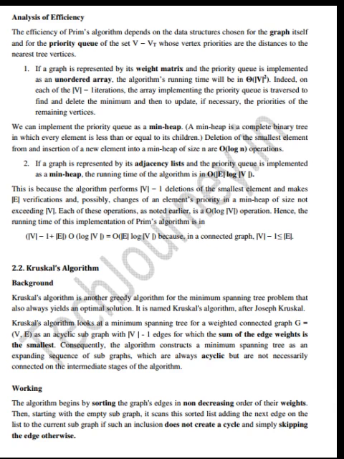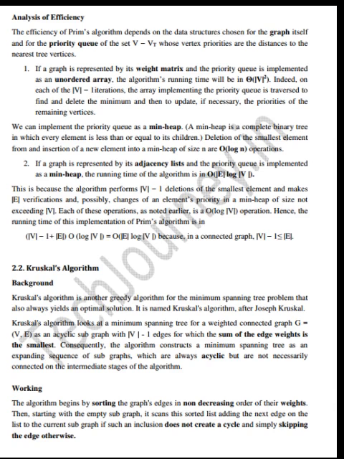Second, if a graph is represented by its adjacency lists and the priority queue is implemented as a min heap, the running time of the algorithm is in O of |E| log |V|. This is because the algorithm performs |E| minus 1 deletions of the smallest element and makes |E| verifications and positive changes of the element's priority in a min heap of size not exceeding |V|.